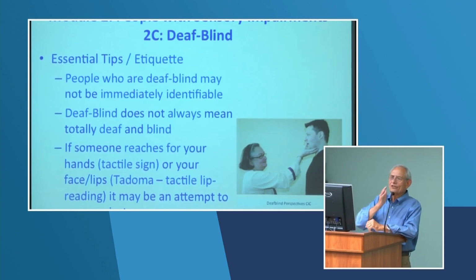They will reach up and find your face and then put their fingertips on your lips, and they can read lips through that. Now, most of us might find that a little bit invasive of our own space, and that's understandable. But that is a real thing, and that may be their only way of communicating.